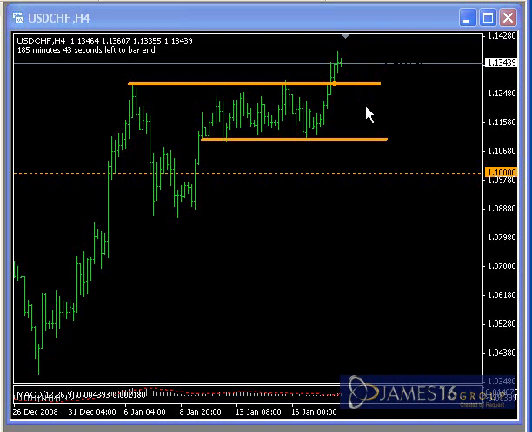So I'm still going to watch this area here, and as long as this resistance turned support holds true, if we come back and pull out again, I'm still fine with watching this area.